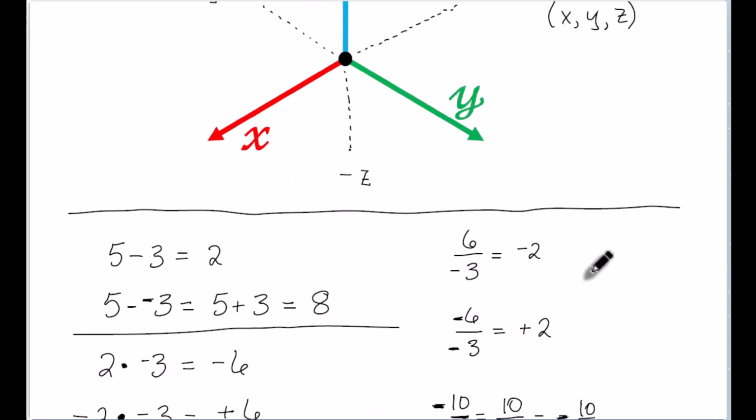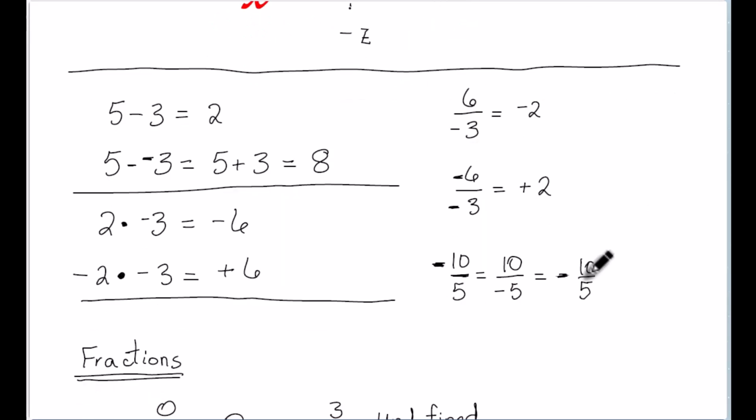Let's talk about some number operations that maybe you forgot. 5 minus 3 is 2. Okay, because we're at 5, we go down by 3 units on the number line. We are at 2. If I had 5 minus a minus 3, so I've got two minuses here, and when that happens, that converts to a plus. 5 plus 3 then is 8.